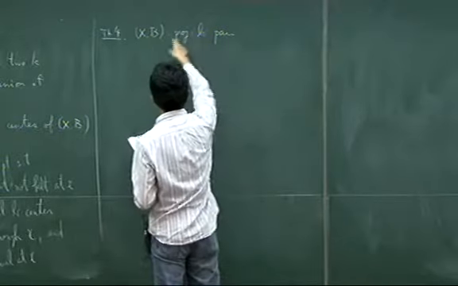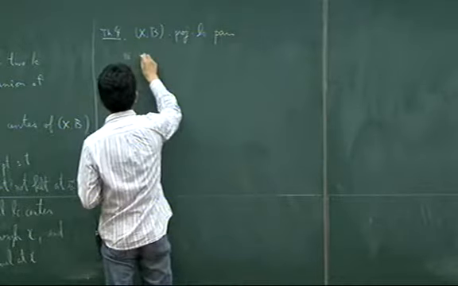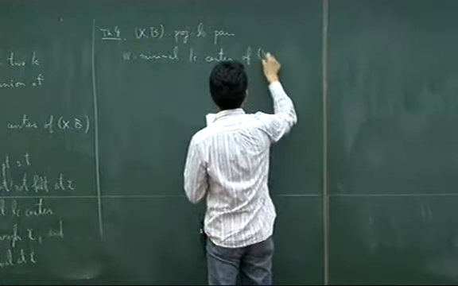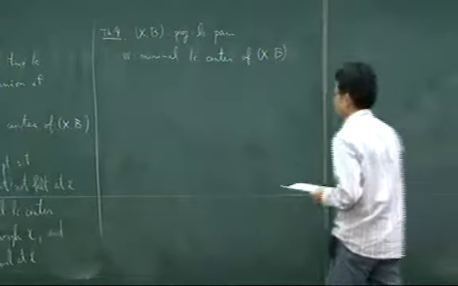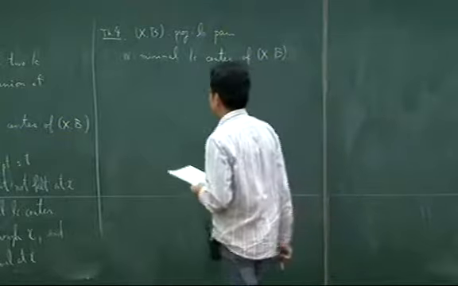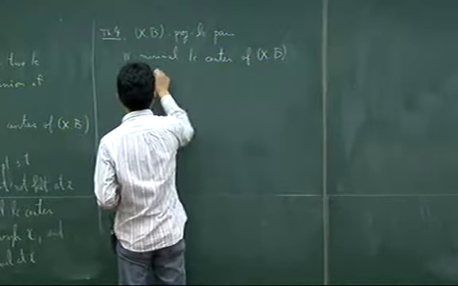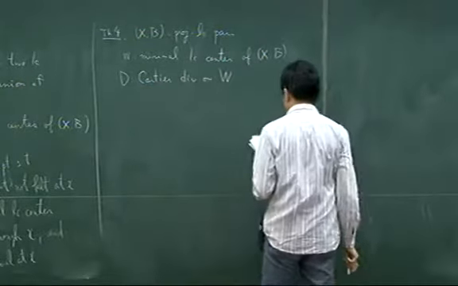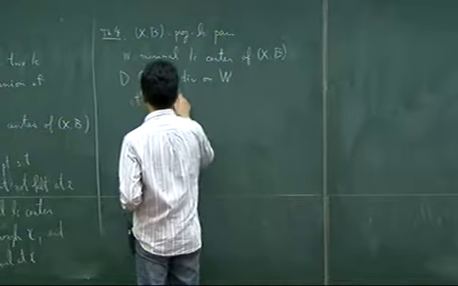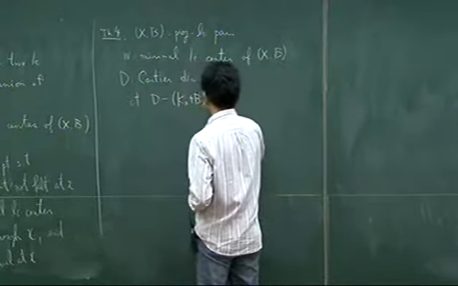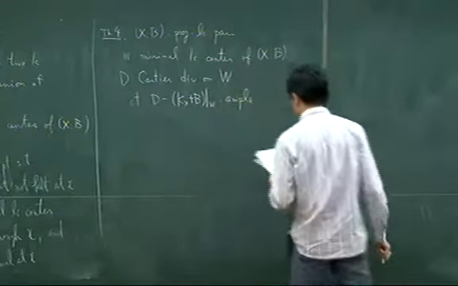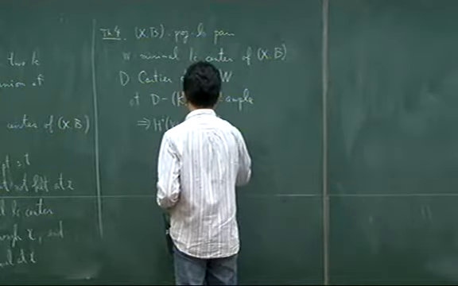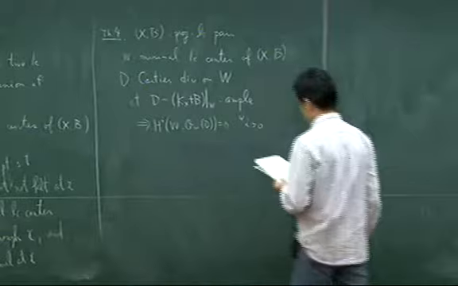This means this pair is log canonical and X is a projective variety, and W is a minimal LC center of (X, B), minimal with respect to inclusion, and D is a Cartier divisor on W, not on X. D is a Cartier divisor on W, such that D minus (K_X + B) restricted to W is ample, of course, on W. Then the higher cohomology H^i(W, O_W(D)) equals 0 for any positive i. Okay?